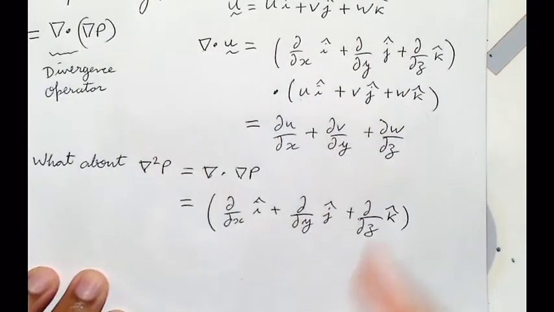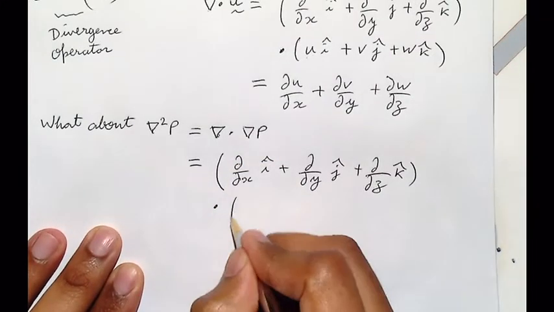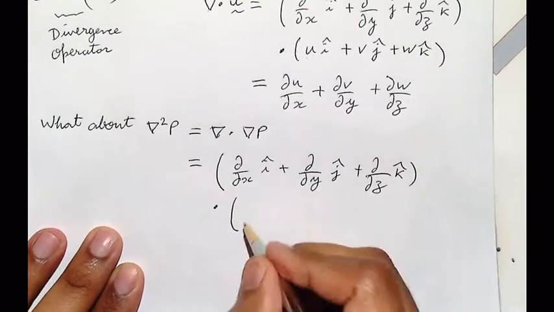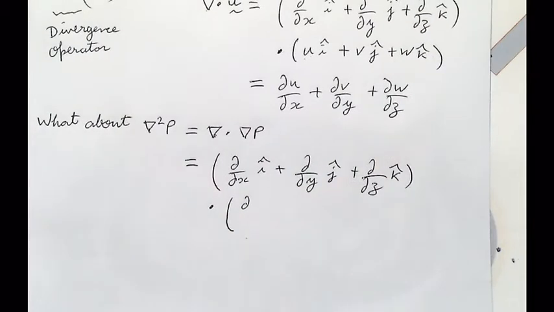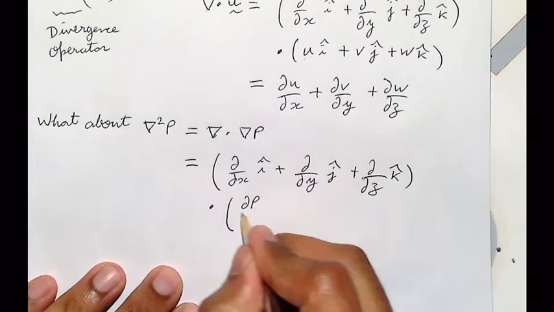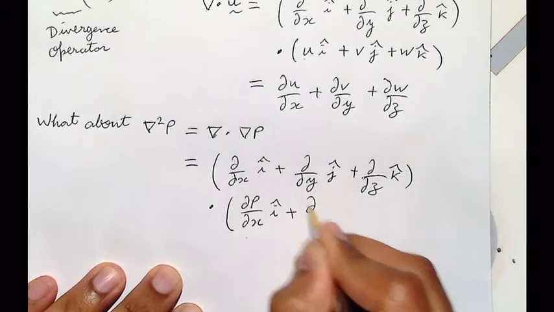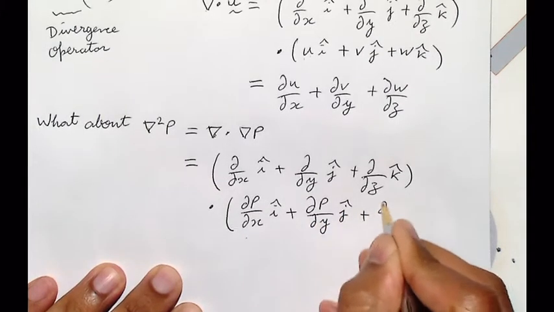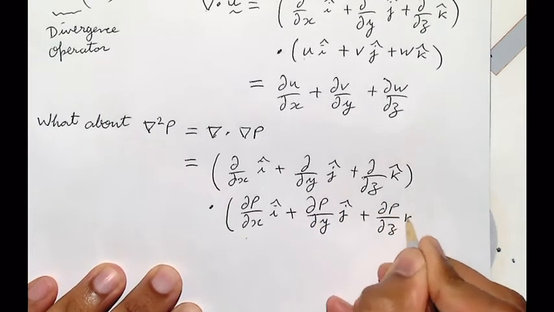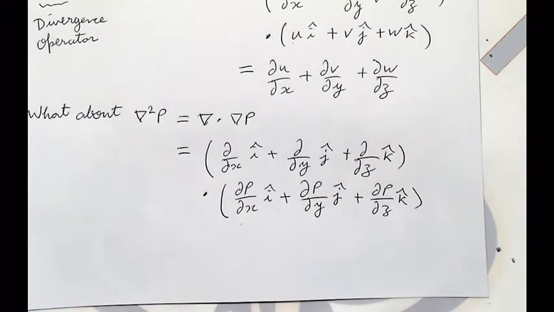And we know the gradient of p is del p over del x, which is the i component, and we have the j component, and we have the k component. All right, and then when we take this dot product, what do we get?